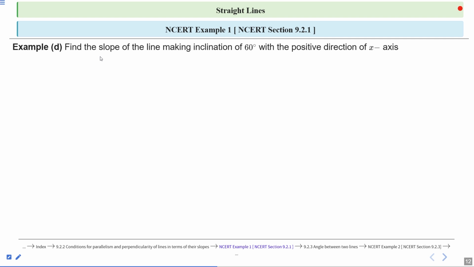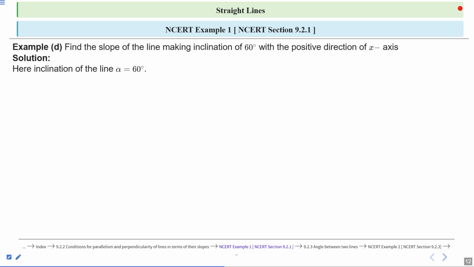We are given that the inclination of the line is 60 degrees with the positive direction of the x-axis, and then we have to find the slope of the line. So let us see the solution.